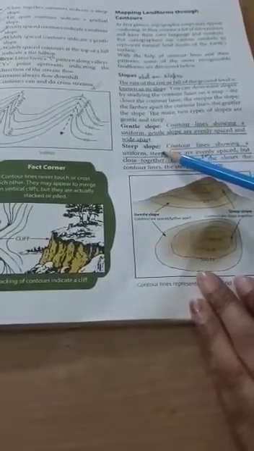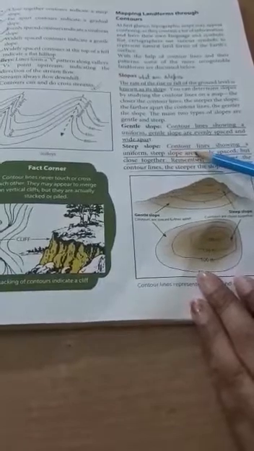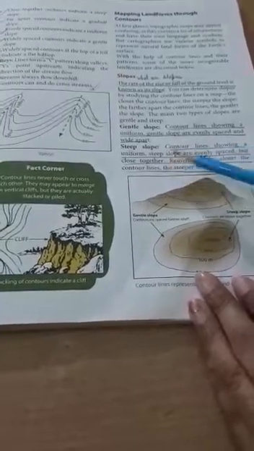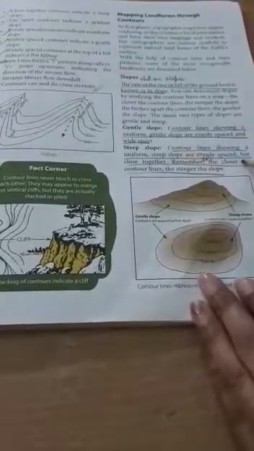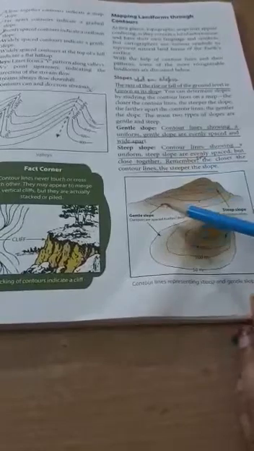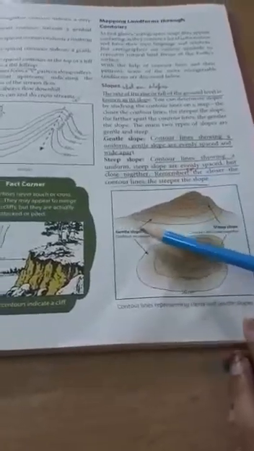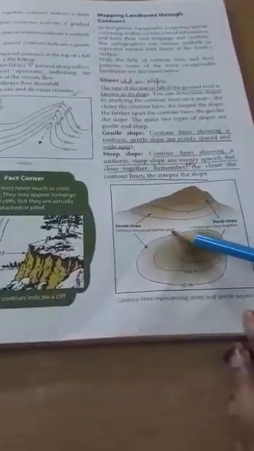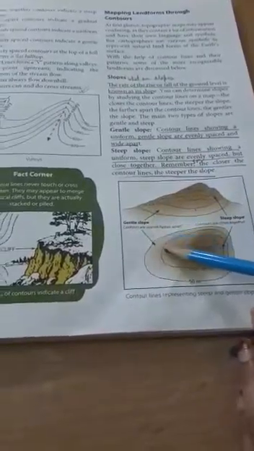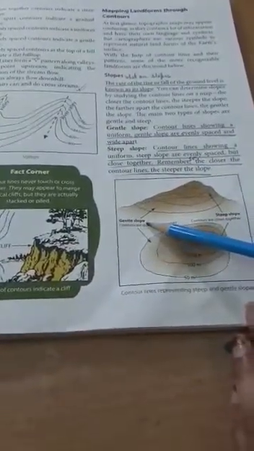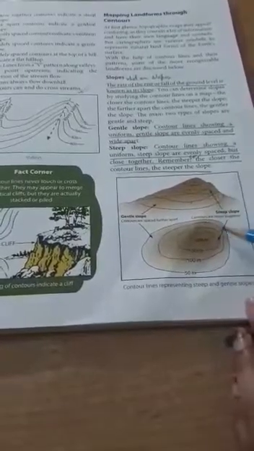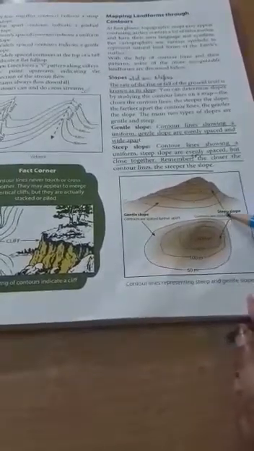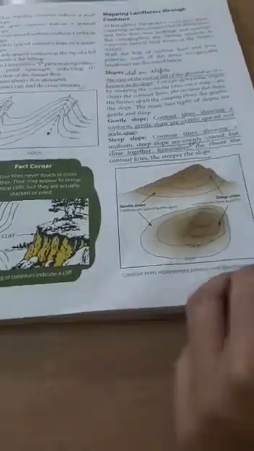Whereas steep slopes, in this case, contour lines showing a uniform steep slope are evenly spaced but close together. This is very clear from this diagram. Here you can see contours are spaced further apart, which represents a gentle slope, whereas contours that are close together represent a steep slope.